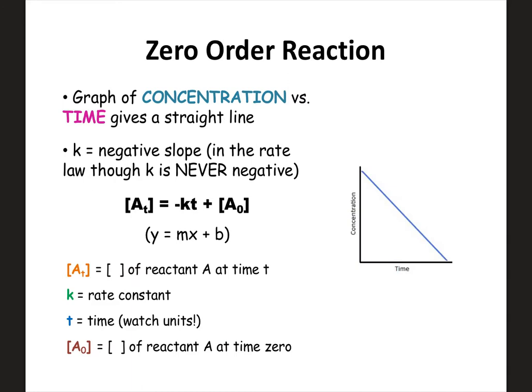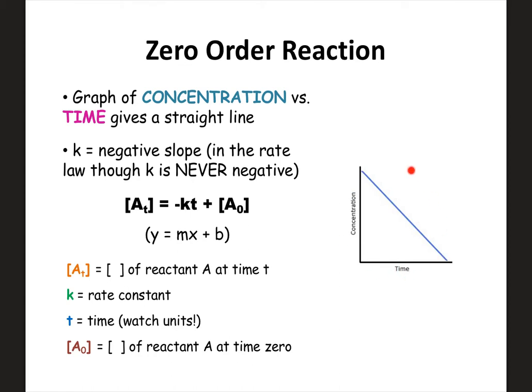For a zero order reaction or a zero order reactant, if you take concentration versus time data, graph it, and you get a straight line, then you know that you have a zero order reaction or a zero order reactant. K will have a negative slope.